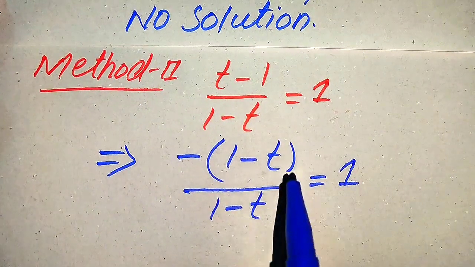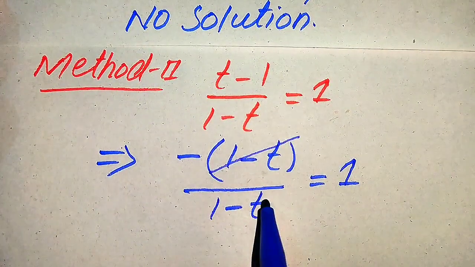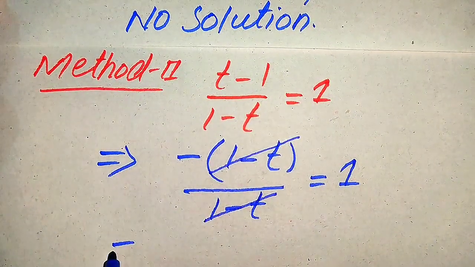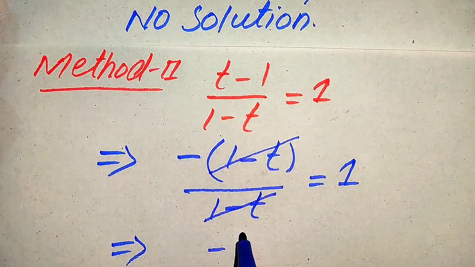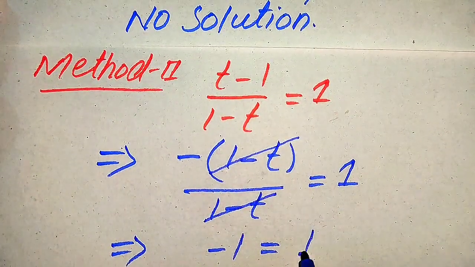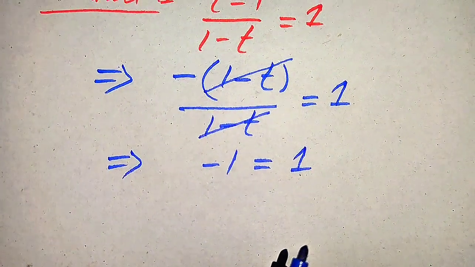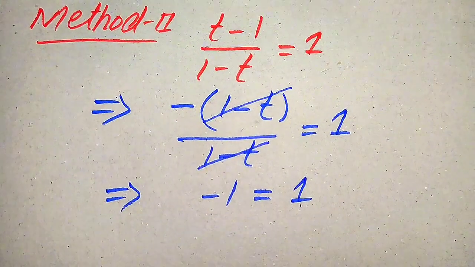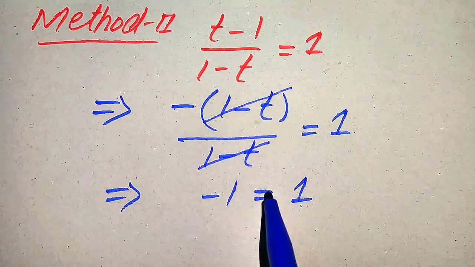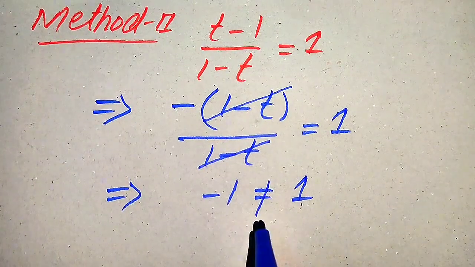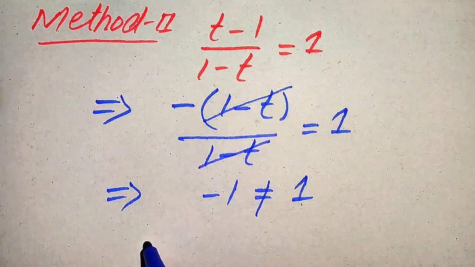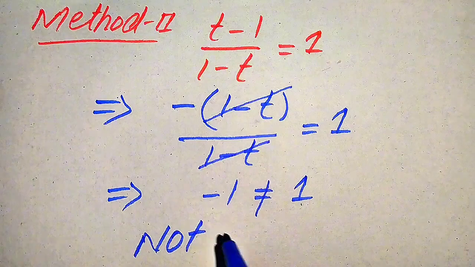And you see here, this 1 minus t is cancelled out by this 1 minus t, and we will get minus 1 is equal to plus 1. So in the second method, you clearly see that these two values are not equal, or in other words we say that this is not possible.